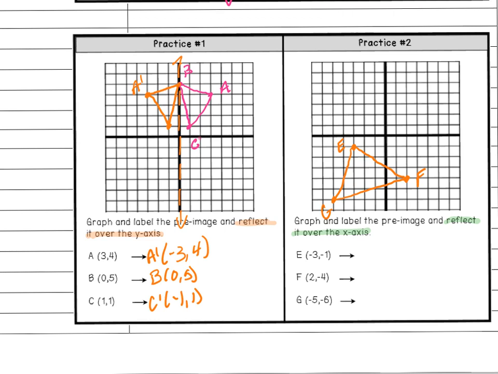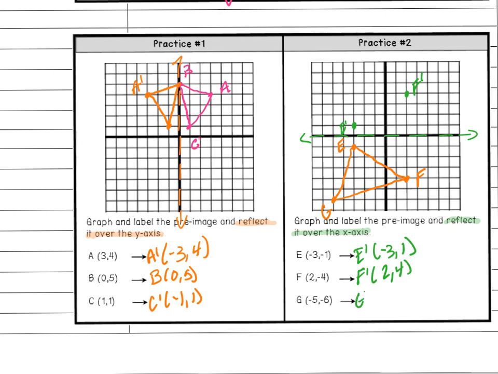Okay, and then we're going to reflect it over the x-axis. So I'm going to do a little dotted line here again. Here's my mirror. Okay. And we're going to reflect it. So E is 1 away, so it's going to be 1 away up here, and this is going to become E prime. And E prime is located at -3, 1. And then F prime is how far away from my mirror? 1, 2, 3, 4. Here's F prime, which is at 2, 4.